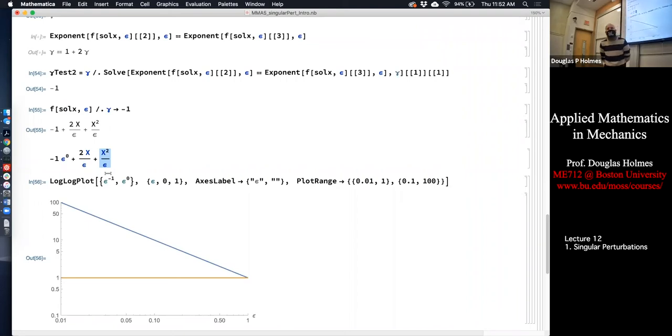What questions do you have? Is it possible that you can't find the consistent balance? I've not encountered that case.